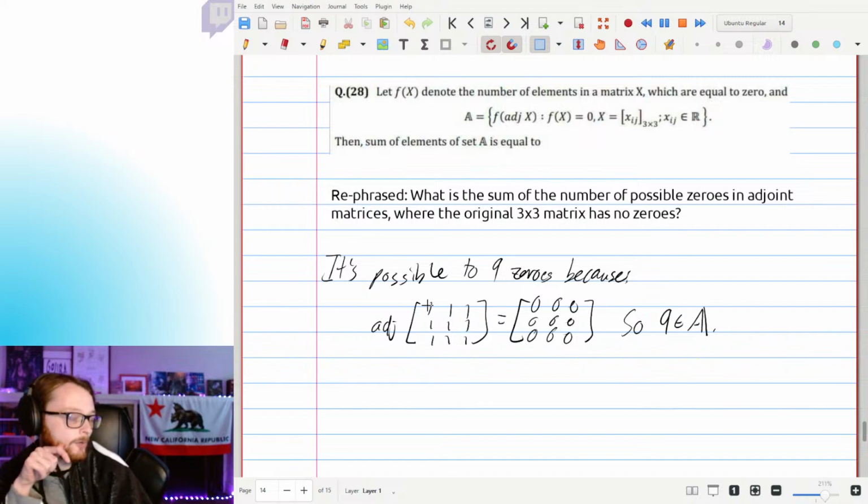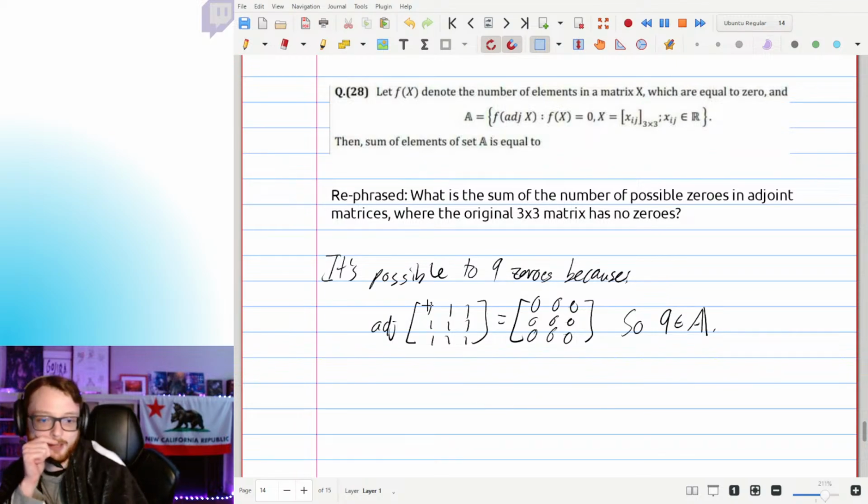But there's only 0 through 9 possibilities, thankfully. It could be a lot worse of a question if they gave us 4 by 4 or 5 by 5 or something.